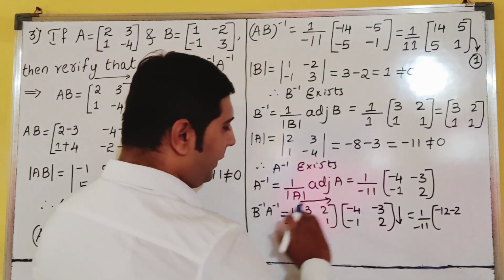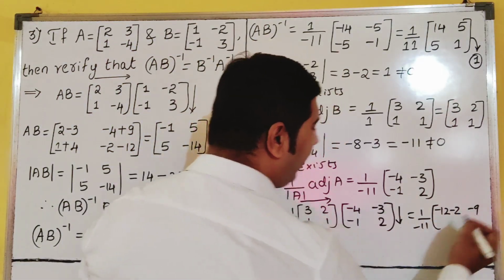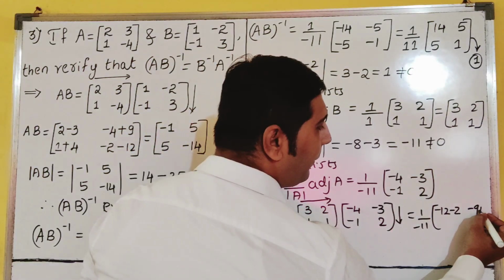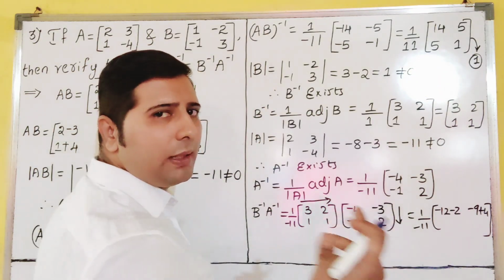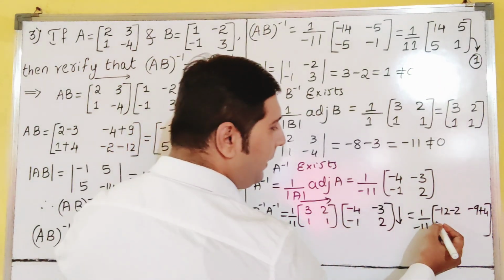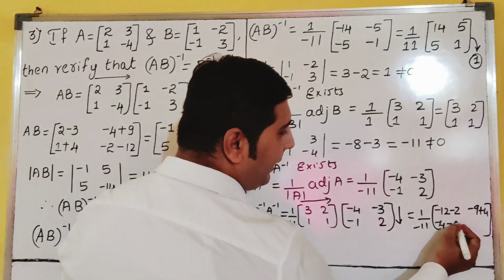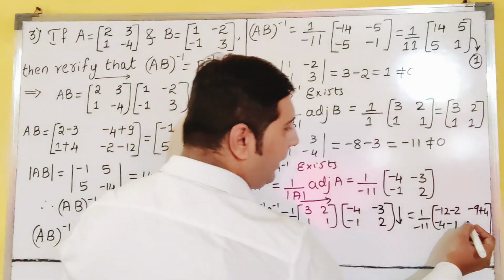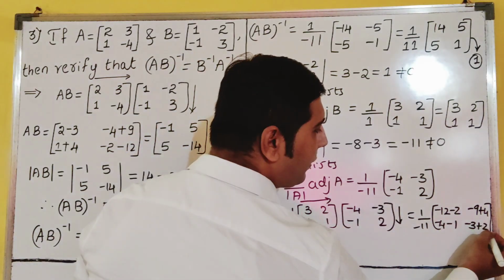Next, first row, second column: 3 into minus 3 is minus 9, 2 twos are 4. Second row, first column: 1 into minus 4 is minus 4, 1 into minus 1 is minus 1. Second row, second column: 1 into minus 3 is minus 3, 1 into 2 is 2, dear students.